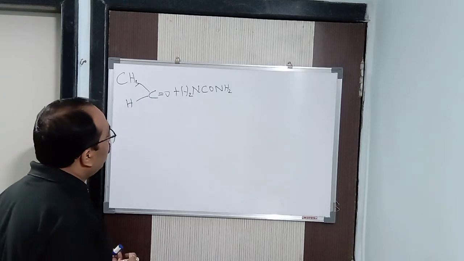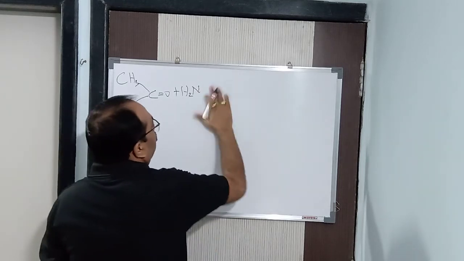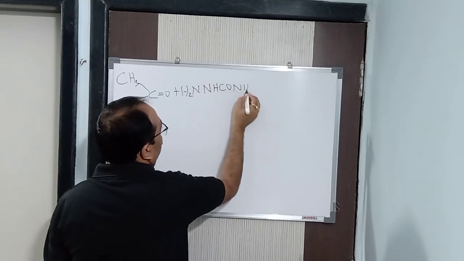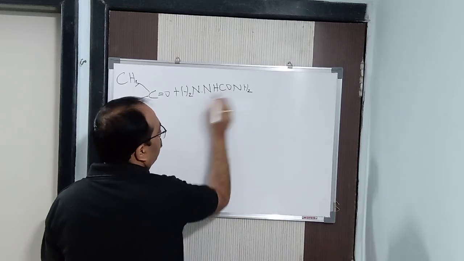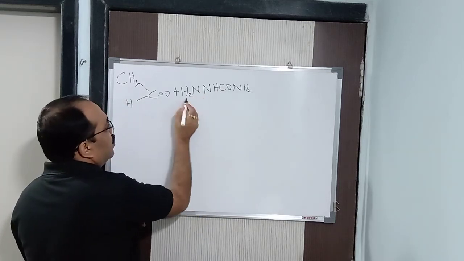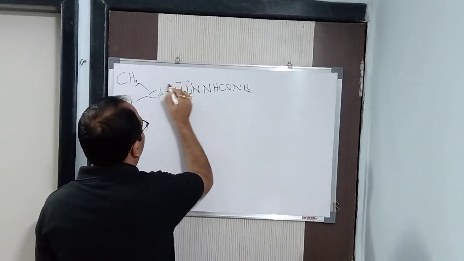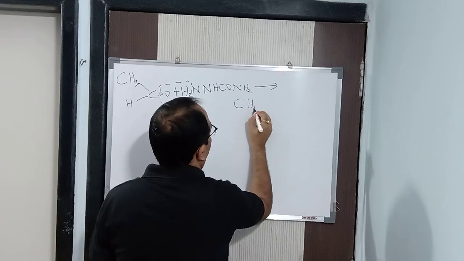So now next is here. What you find is that here NH2 NHCONH2. I'm very sorry. Here one hydrogen will be replaced by CONH2 group. That is semicarbazide. So what will happen here? Same thing. Water will be released, and what is being left?